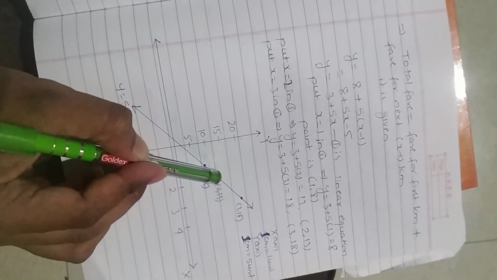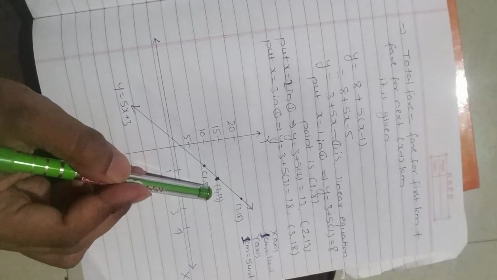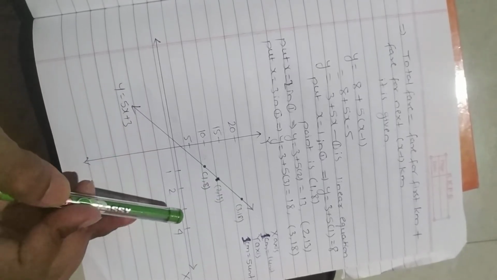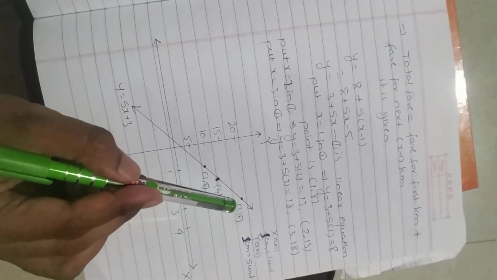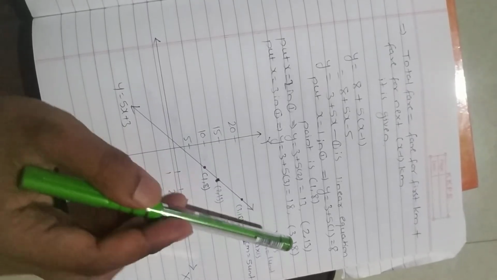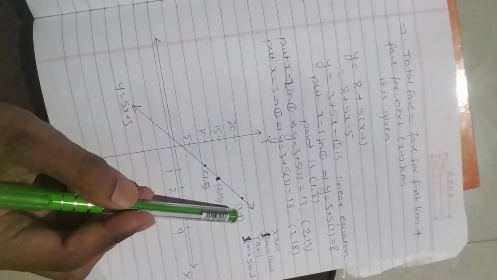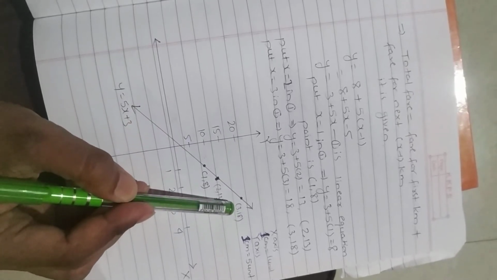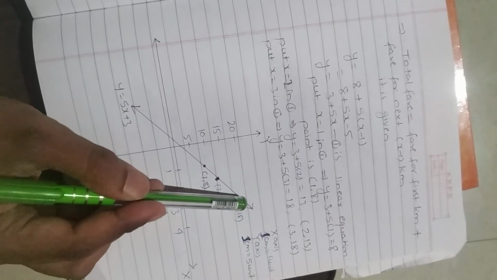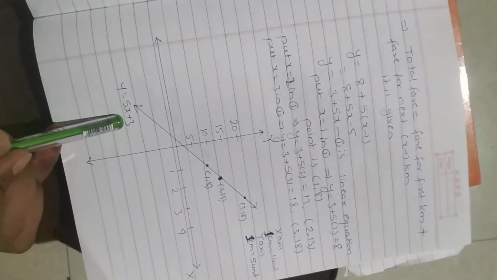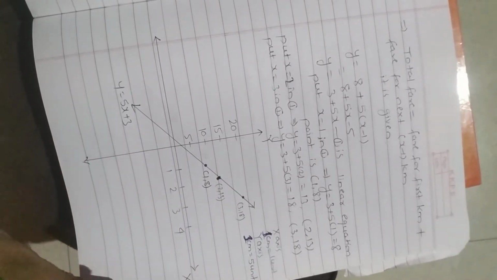So this point becomes 2 comma 13. Next we have x as 3 and on y axis this point is 18, just below 20, so it is 3 comma 18. If we join these points, it is y equal 5x plus 3. So this is the graph of this equation.